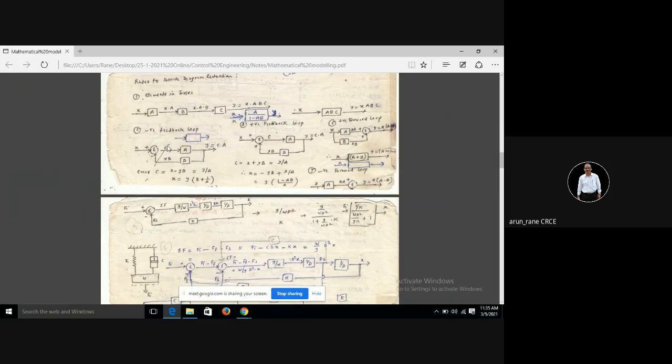We get a signal of c here, and if my response is y, because I assume my input as x, so y can be written as y is equal to ca. Now forget about this, just concentrate here. So y will be written as c into a, using the first rule.